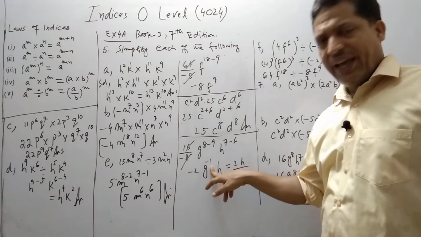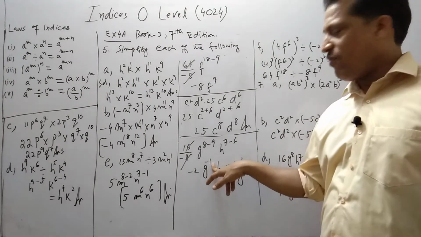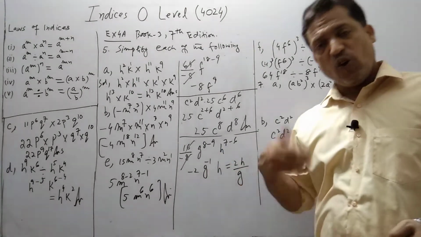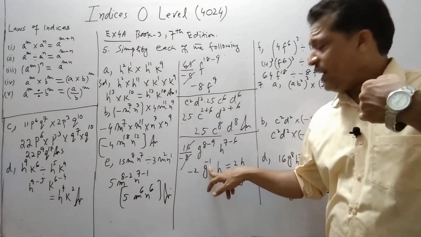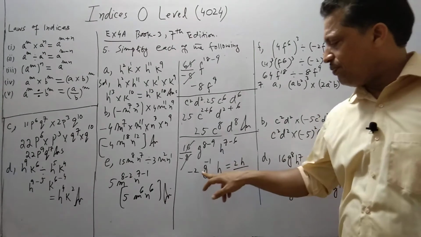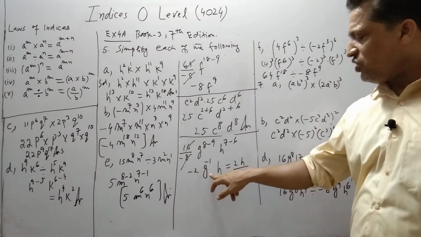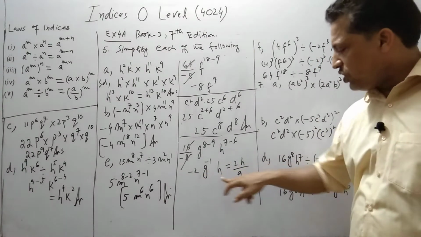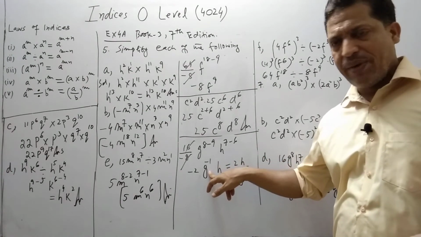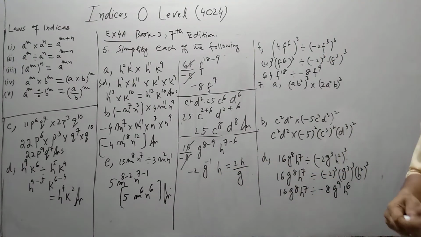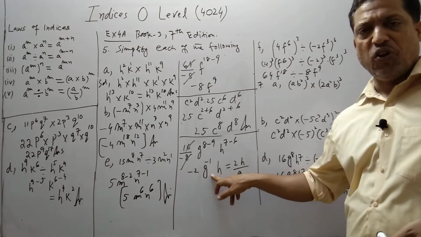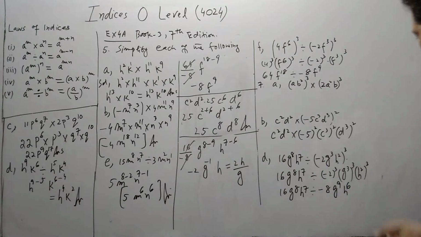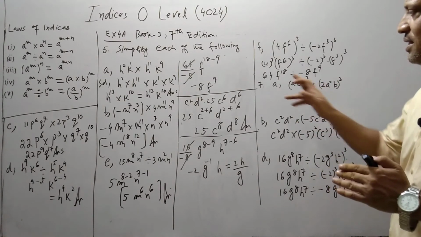If you see a negative power in the numerator, it can be converted into positive if you move it into the denominator. So G minus 1 converts to G positive 1 if you make this G minus 1 into the denominator. And similarly, if you see a negative sign in the denominator, you can convert it into the numerator to become positive. Okay. So this is our question number 7.